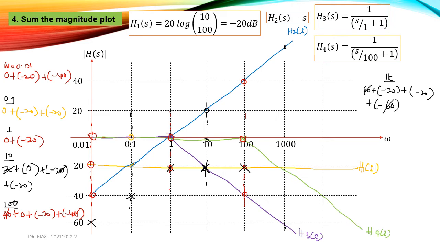And then you will see that the trend goes on with the same decrement. Then just connect the summation. So you get the black one as the summation of the individual transfer functions, and this is your H(s).